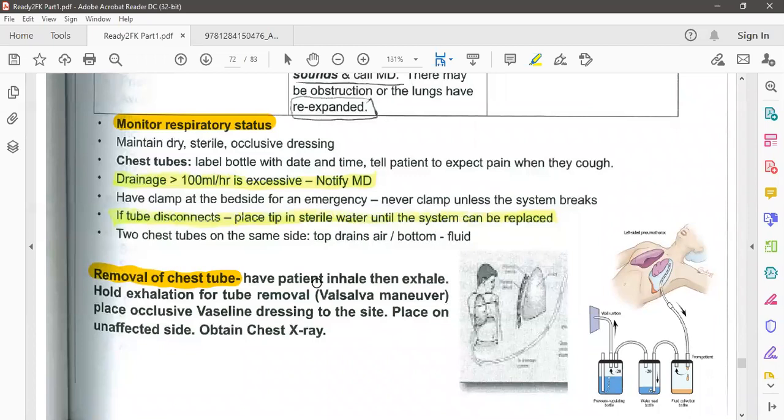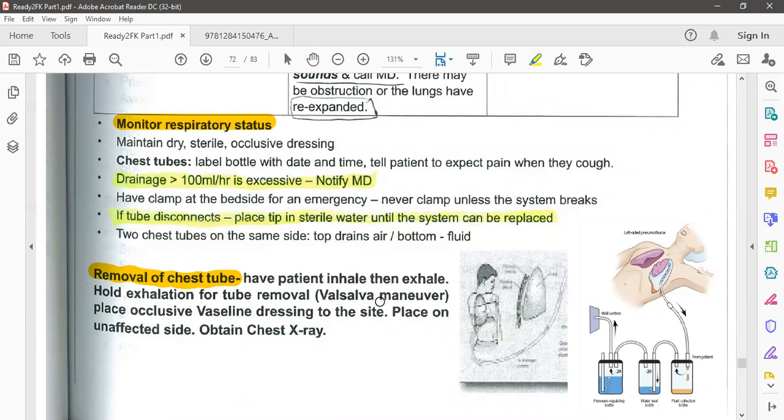So what we could do, tell your patient to take a deep breath and expel and bear down, right? And this is called the Valsalva maneuver. Or take a deep breath and hold it. During removal, we tell them to follow the Valsalva maneuver.